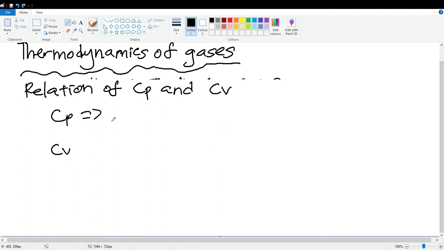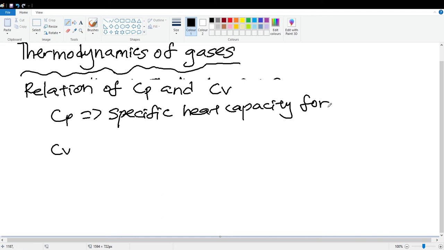This is meant by the specific heat capacity for one gas molecule at constant pressure.